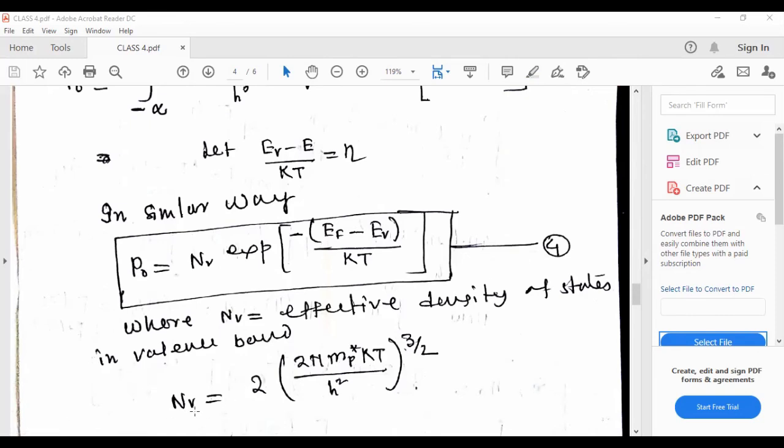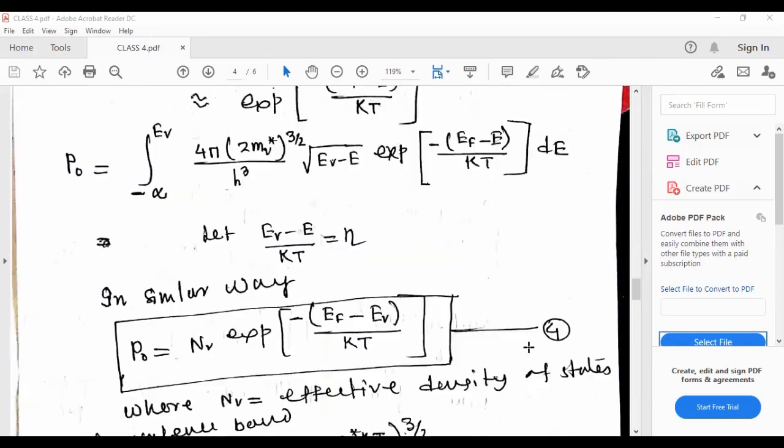Whereas the effective density of states of the valence band is 2 times (2 pi mp star, or mh star, that is the effective mass of a hole in the valence band, times kT divided by h square) whole power 3 by 2.